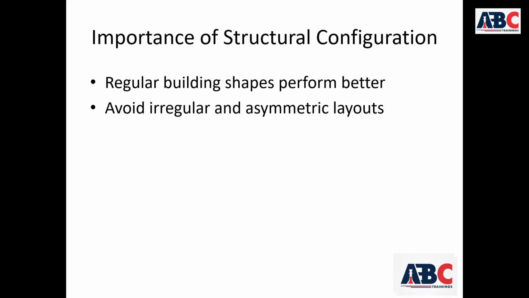For example, a rectangular building will move back and forth uniformly. There will be minimum torsion effect. Regular elevation also matters.